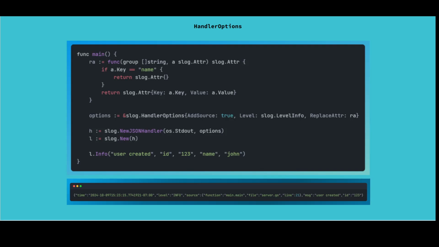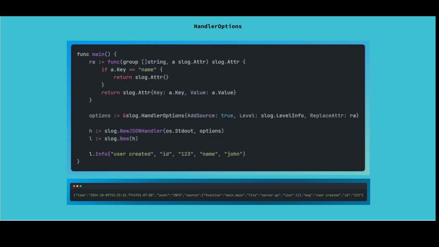I removed the file path, I just left the file name and the line number that is added by adding the source. It is very useful when you're debugging logs.